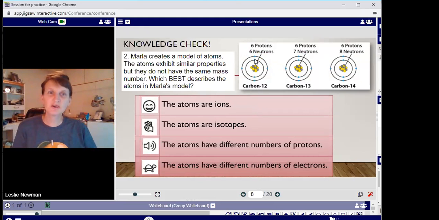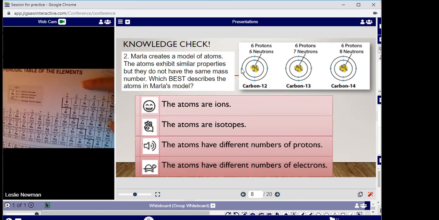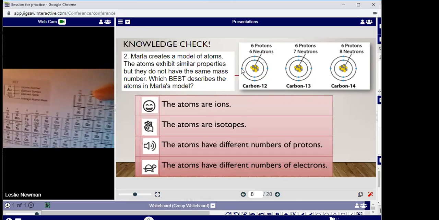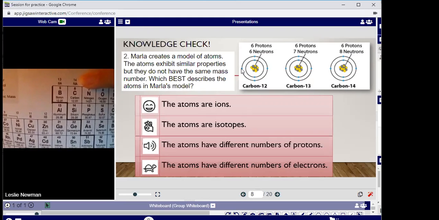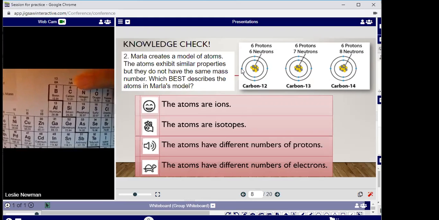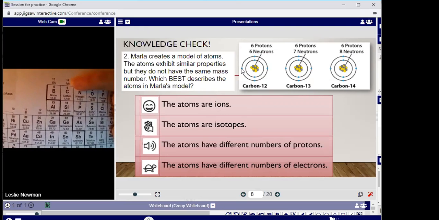So therefore, it has 2 electron levels, and it has 1, 2, 3, 4 valence electrons. And it has 4 valence electrons, just like the rest of its family. And it's really nice on the periodic table here because the group number is 14, which ends in 4, and so that way you know it has 4 valence electrons.